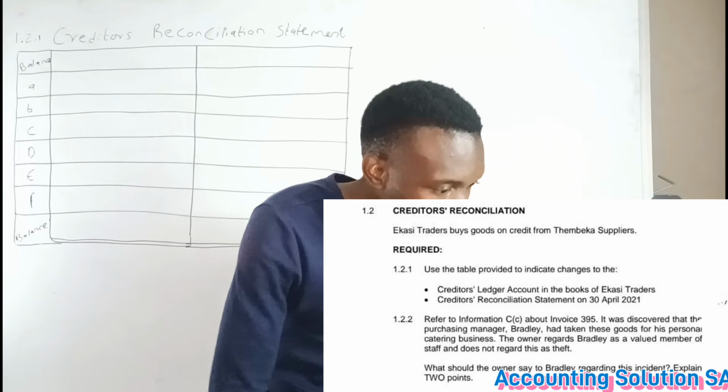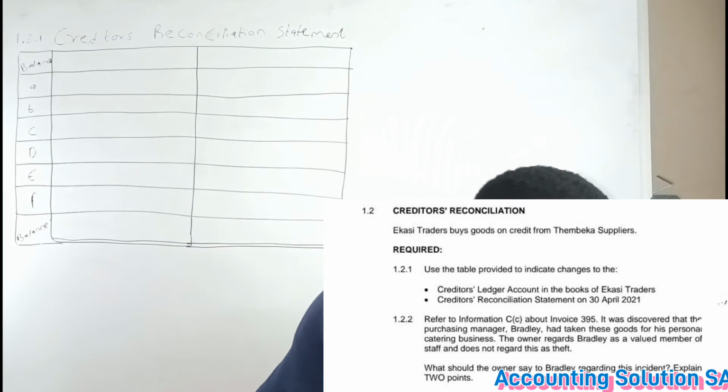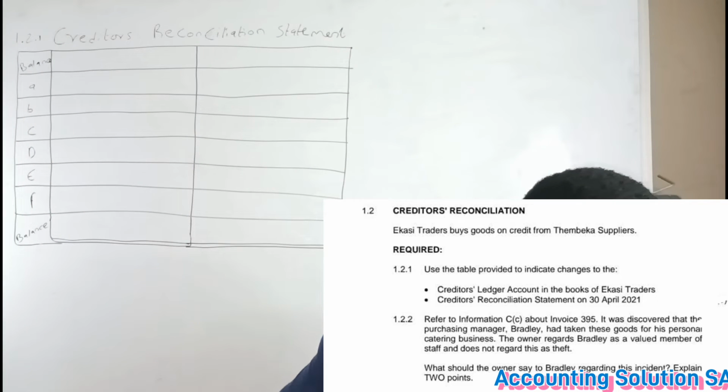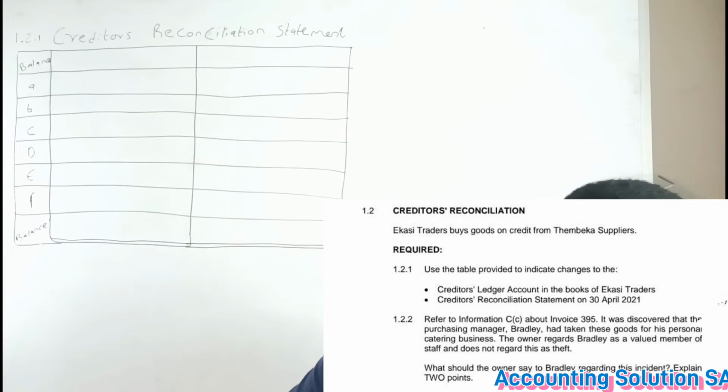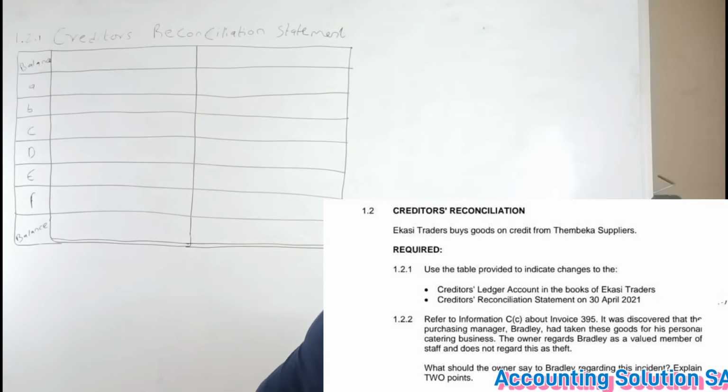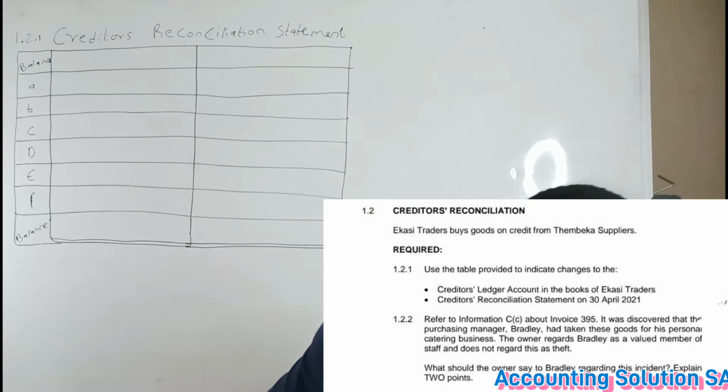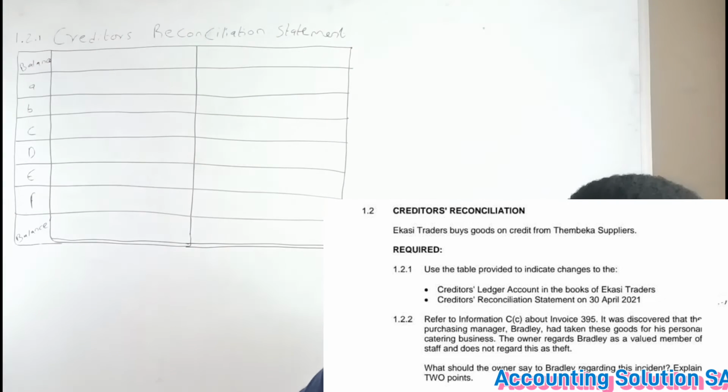Creditors reconciliation. They said CAPITEC trader buys goods on credit from Tembeka supplier. Which means that our business is CAPITEC trader and our creditor, or our supplier, is Tembeka Ltd. Then 1.2.1, they say to use the table provided to indicate changes to the creditors ledger account.